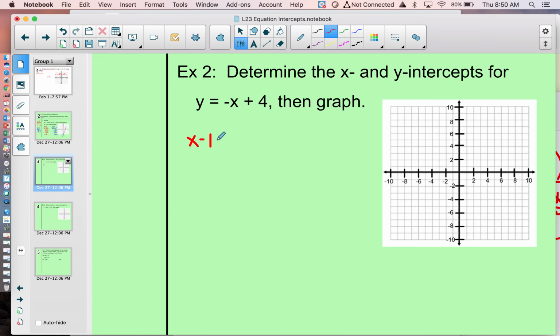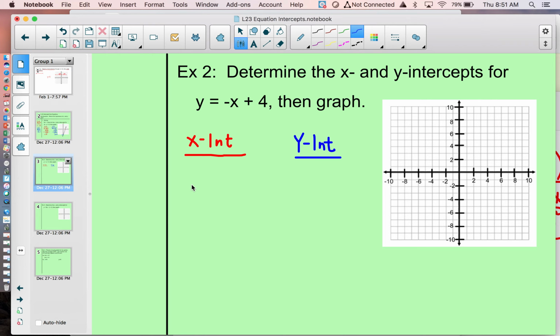Our x-intercept, our y-intercept, and now we're going to find them.